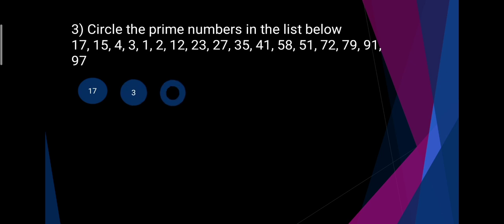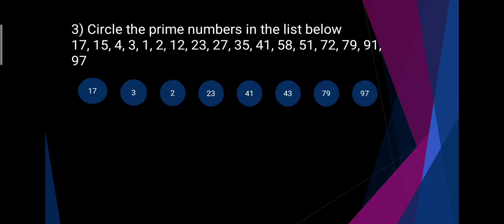The next question, circle the prime numbers in the list below. Answers are marked in blue circle, that is 17, 3, 2, 23, 41, 43, 79, 97.